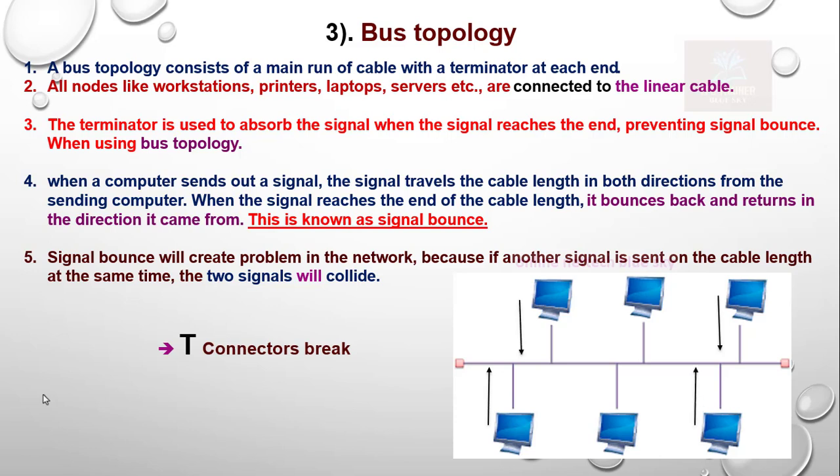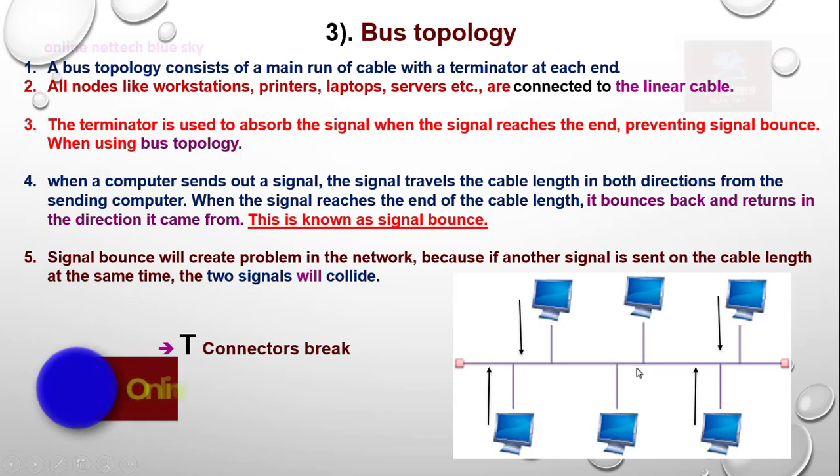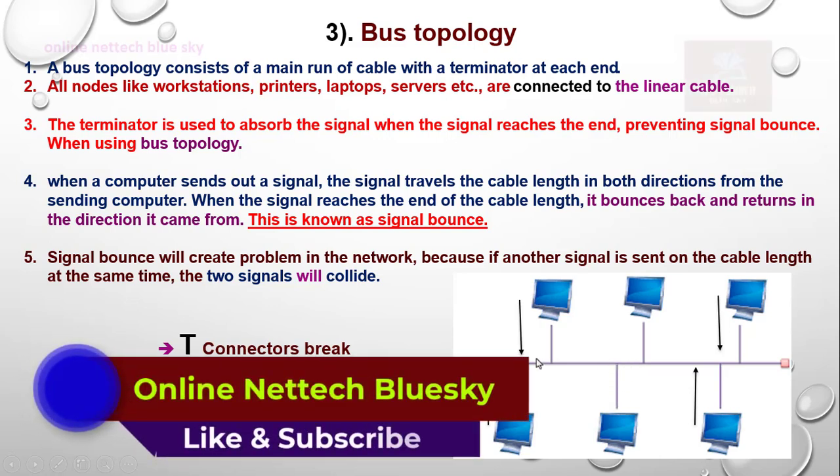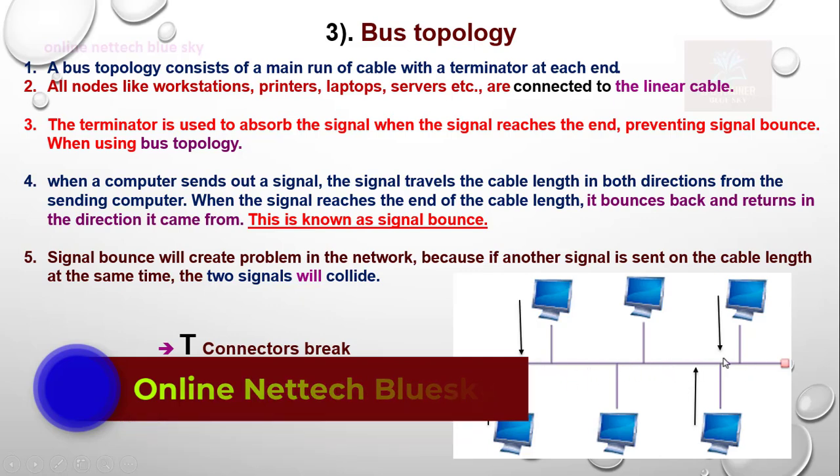And second, you can see here multiple computers at the same time. This computer sends and at the same time this computer sends data, so they will collide, because they share one direction of data traveling on this main cable.